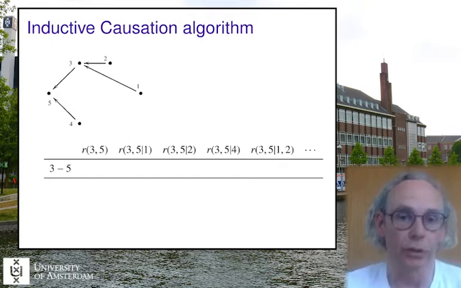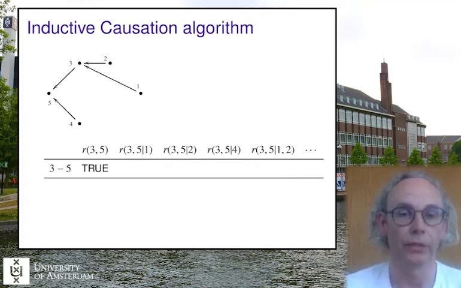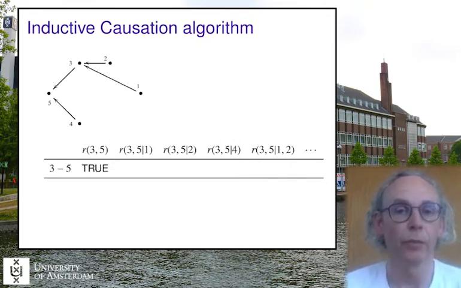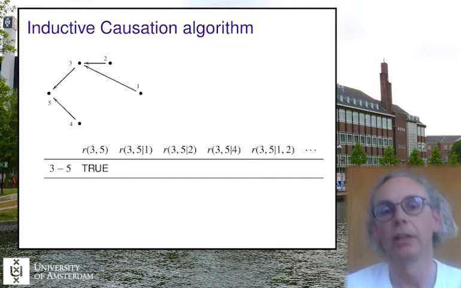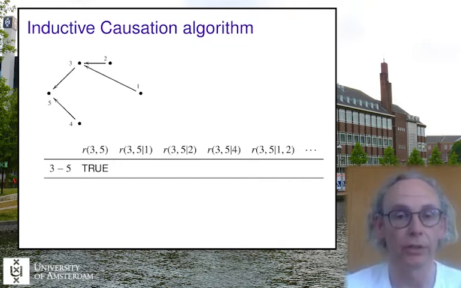And we ask the oracle, is there a correlation between 3 and 5? The oracle looks towards the true graph and says, true, there is a significant correlation between 3 and 5. Then we partial out variable 1, and we ask the oracle, is there a significant partial correlation, in this case, between 3 and 5 given 1?